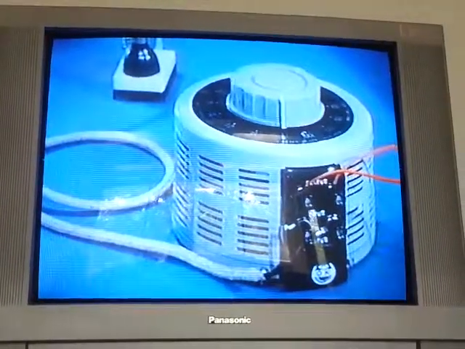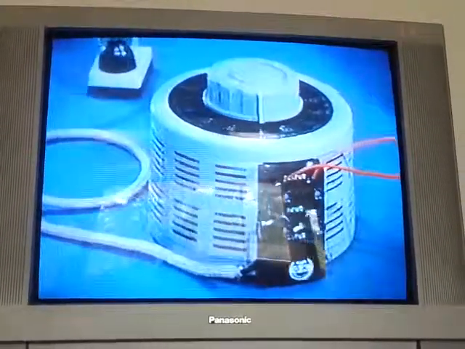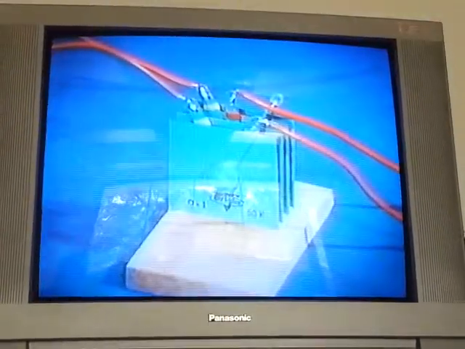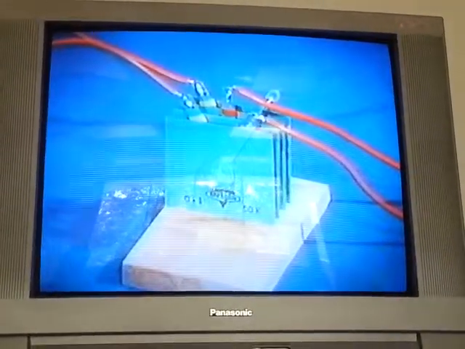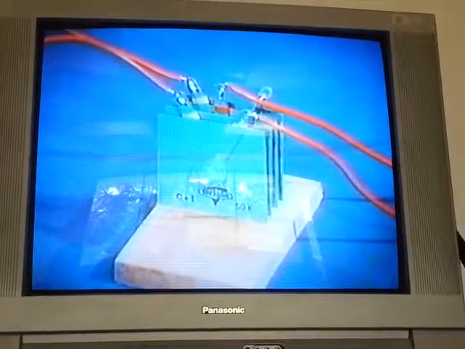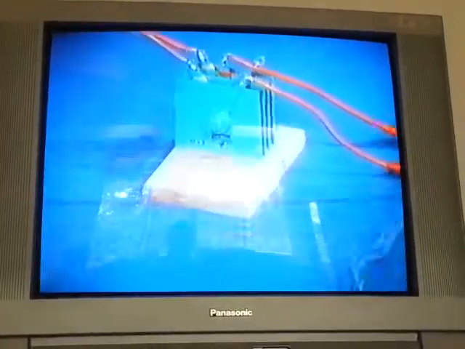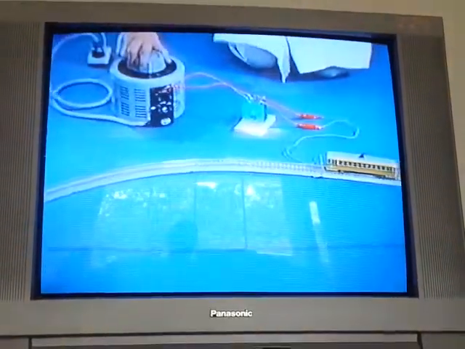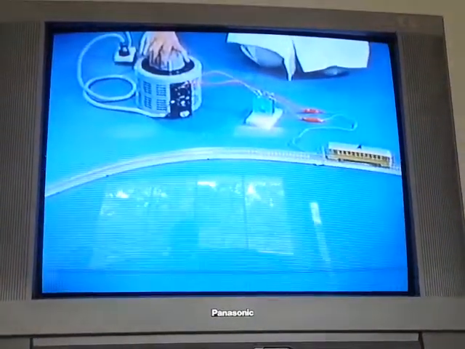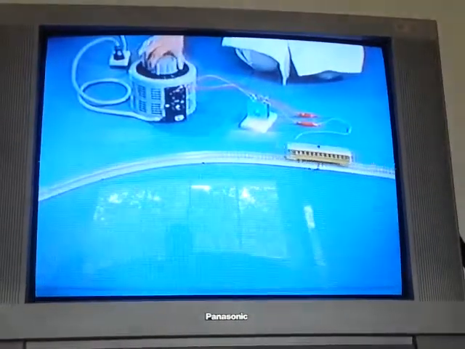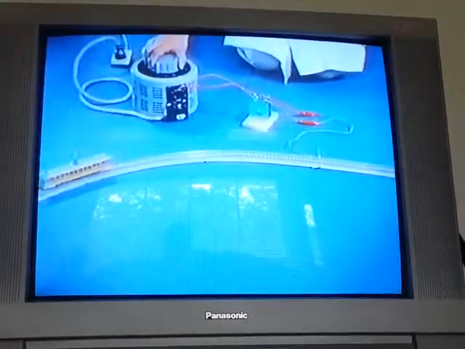We'll just try it by connecting the selenium rectifier to the alternating current source. We now raise the voltage, and you see the model car runs.